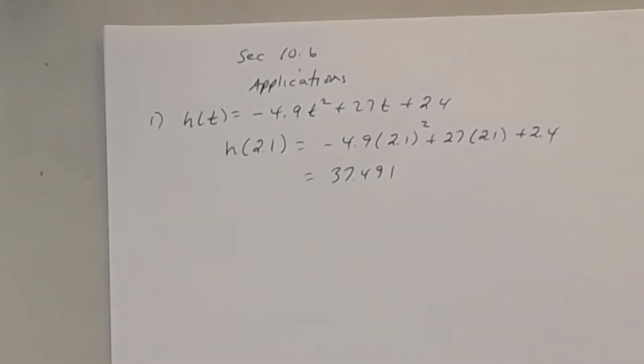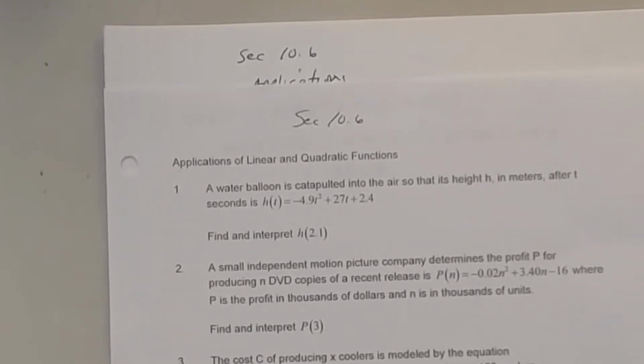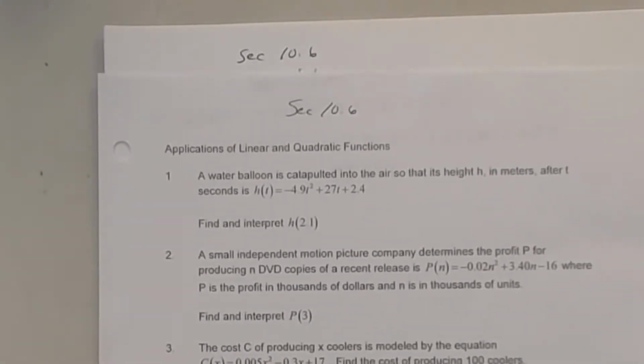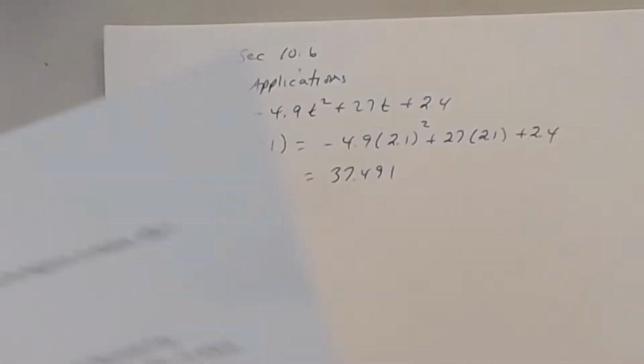If you go back and look at the wording, remember h stands for the height, and it's in meters, and t stands for the time, and it's in seconds. So here's how you would say this.